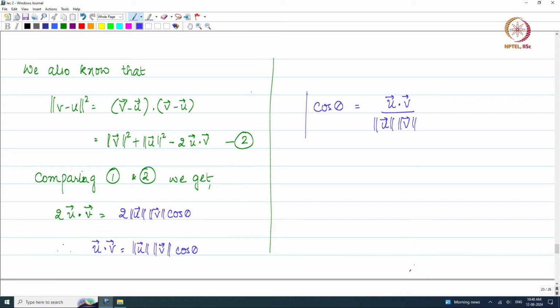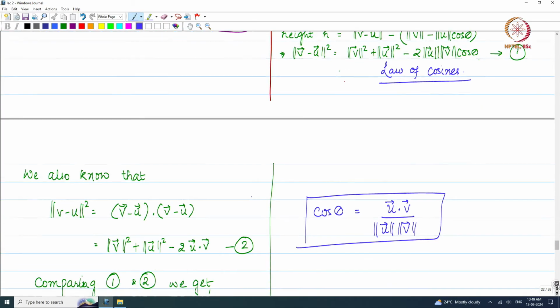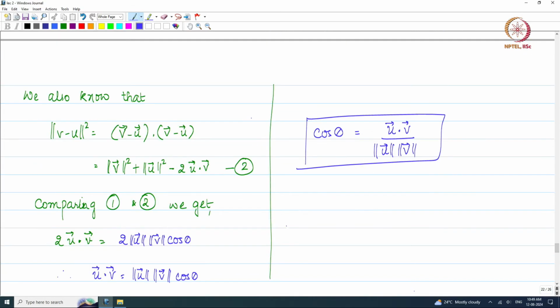So this is basically what we have, and where we have this 2 u v cos theta, this is basically my law of cosines that we would have studied in our class 9-10 trigonometry. So if theta is equal to 90 degrees, we see that u dot v is 0.